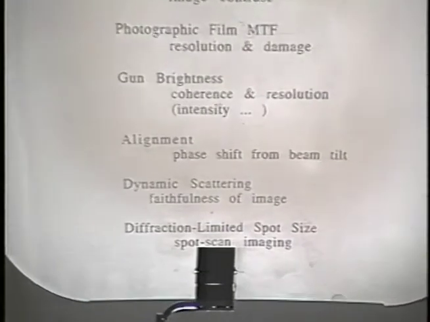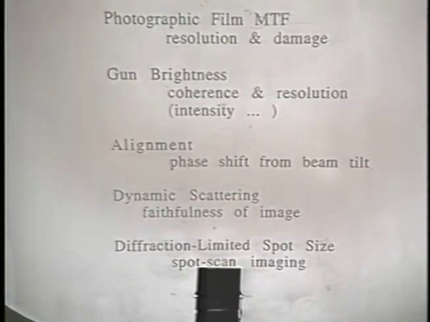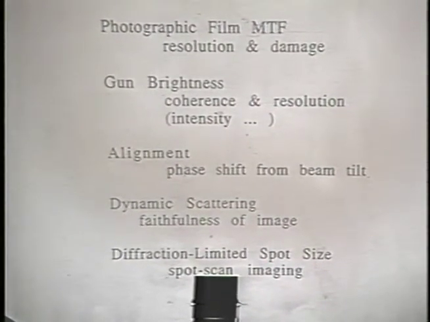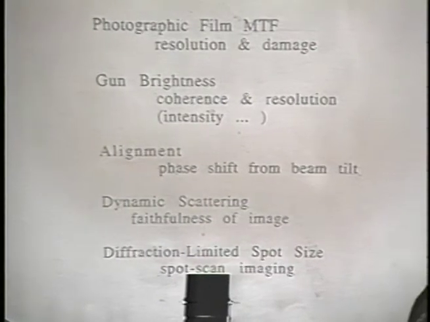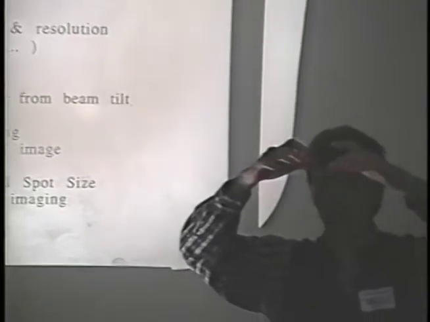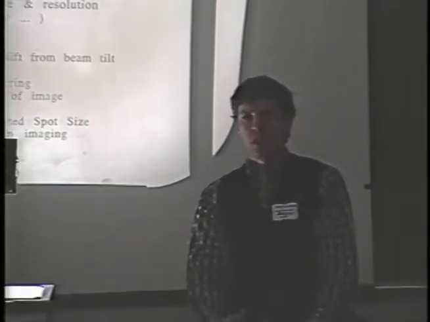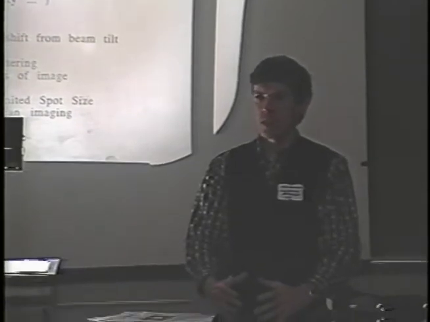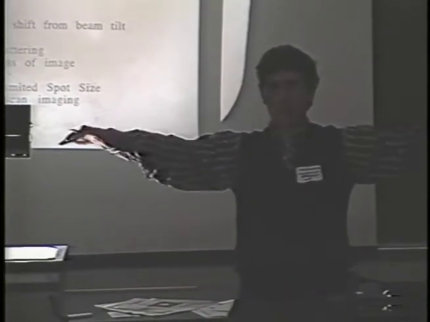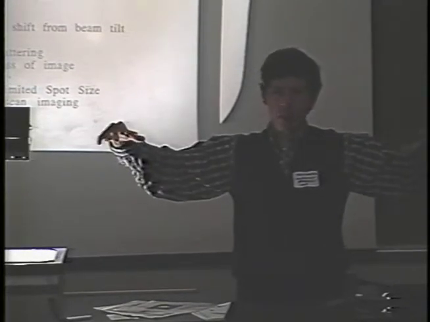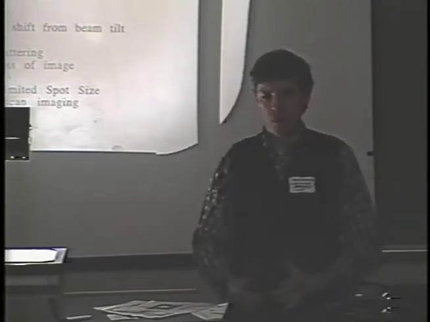The physics of the electron gun is such that the gun brightness increases as you go to higher voltage. The hand-waving way to think of that is that you have a filament that's emitting electrons at a high voltage. More of the electrons are pulled straight down into the condenser lens system, or into the first aperture. At 100 kV, they're spread out more. At 400 kV, they're pulled more in the forward direction.